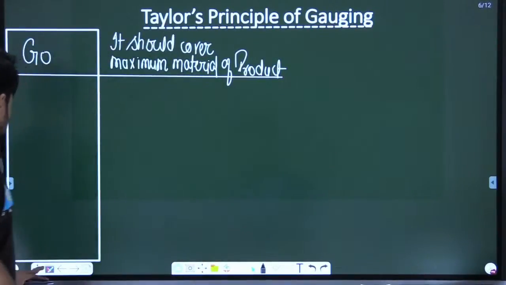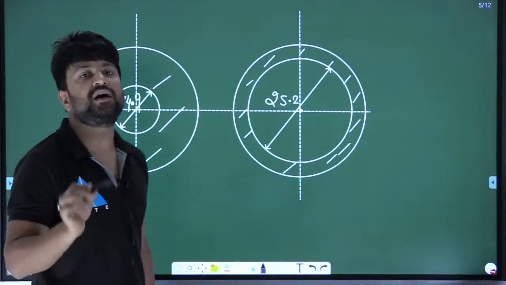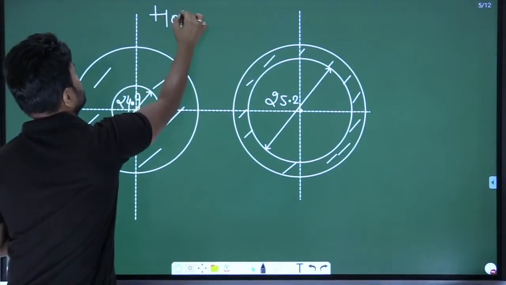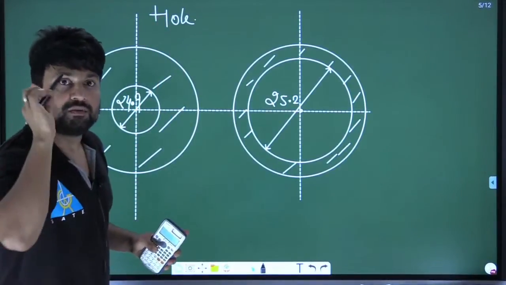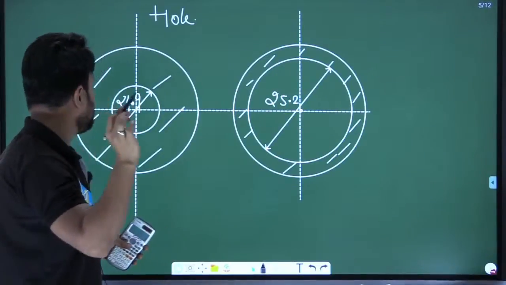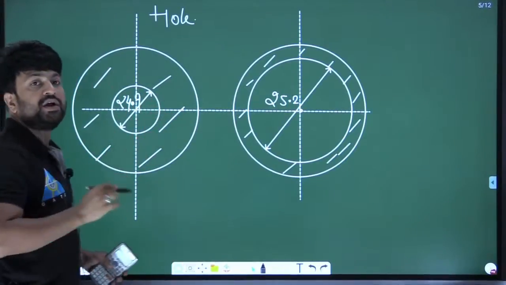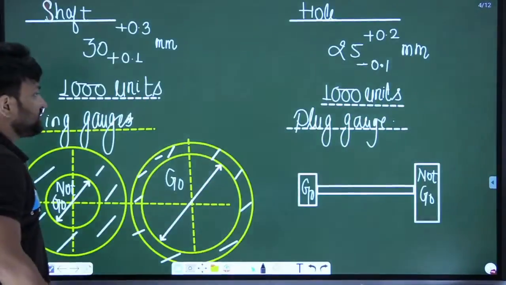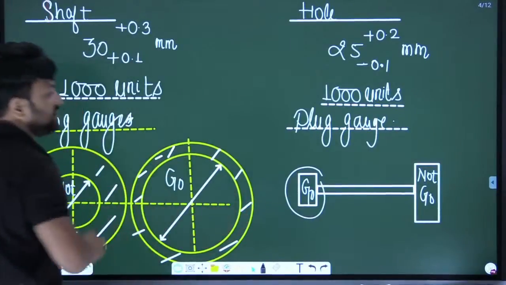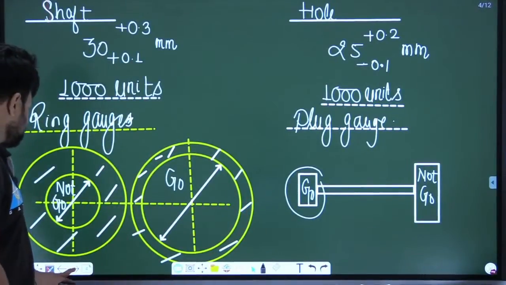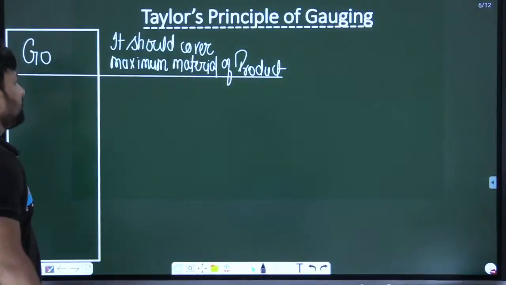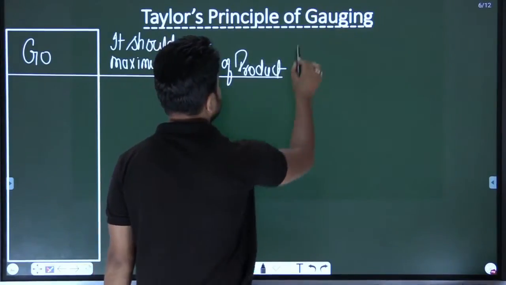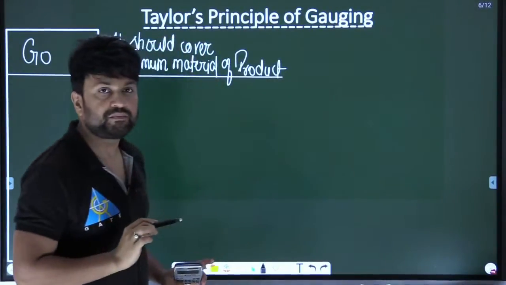Maximum material of the product. So if you are designing a plug gauge for a hole, this is your product, and this is the maximum material, so the go will be designed according to this size. That's why the go part is smaller in a plug gauge. Got it? Are you getting my point now?